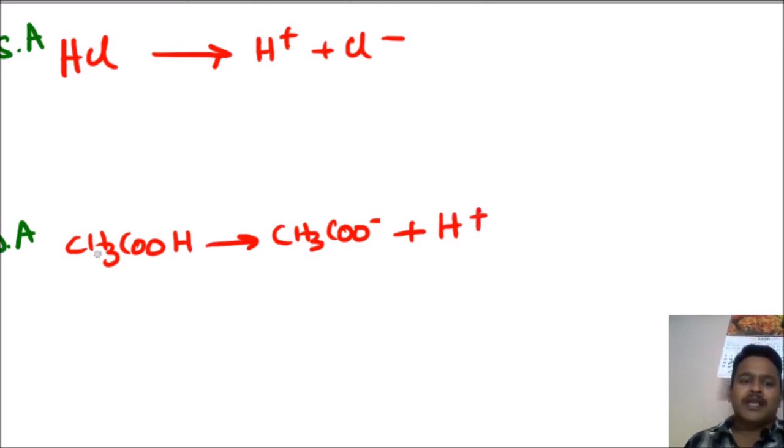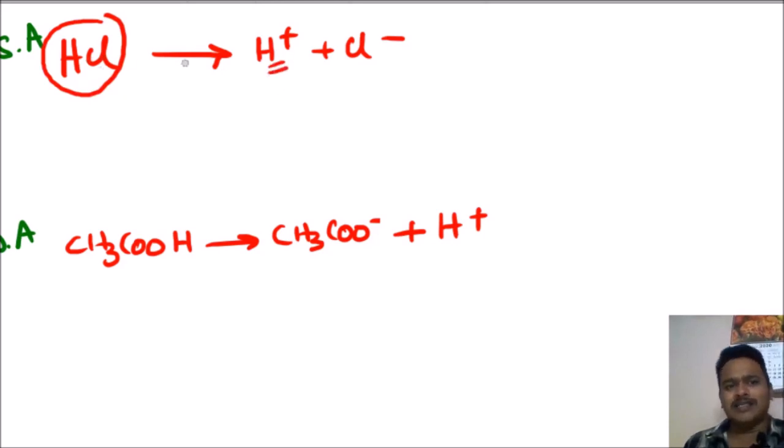Why am I saying it is a strong acid? Because it is giving H plus ions very fast, and more H plus ions are coming out. That is why it is a strong acid. See, this HCl molecule loses H plus, and then it gets stability.